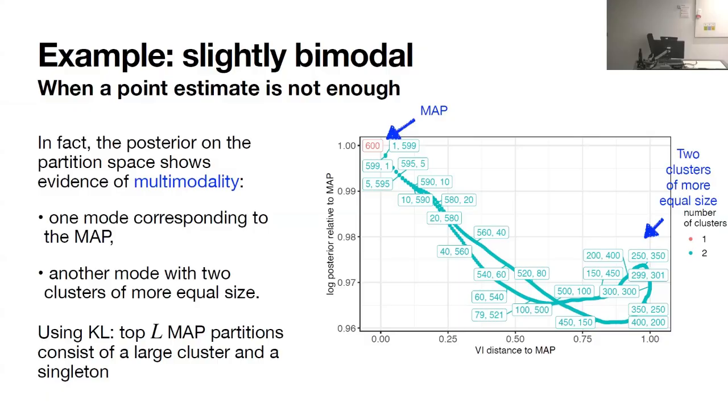So we have this multimodality, and this is another example that shows you the limitations of using the KL, because here there are actually 600 partitions up here that could split off a single point in its own cluster. So if I was to take 601, I would likely get those as my credible set for this example, and it's not characterizing that variation that we see all the way on the other end.